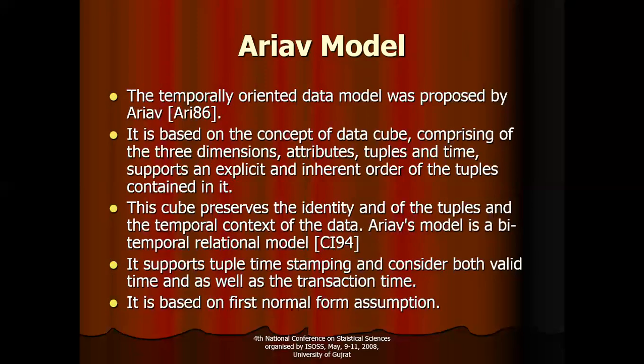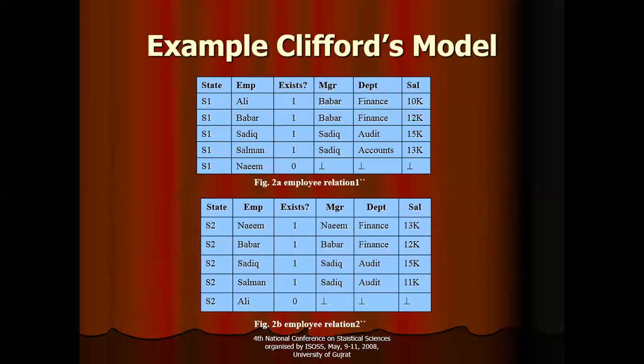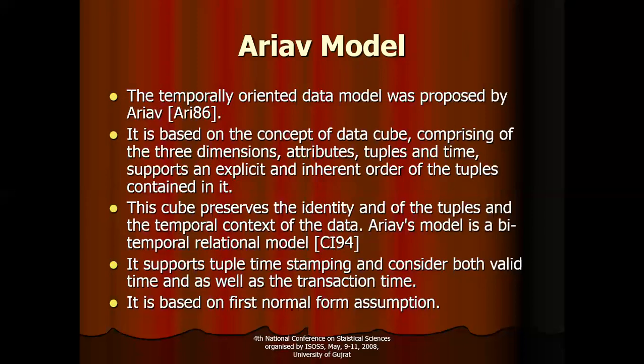So this is called temporally oriented data model. He named it in this way, and it is based on the concept of data cube. So he introduced a new concept, which is totally different from the concept which was proposed by Clifford, and that concept is data cube, comprising 3 dimensions. According to Arrive, there are 3 important things which we have to consider, and he takes them as a cube, data cube.